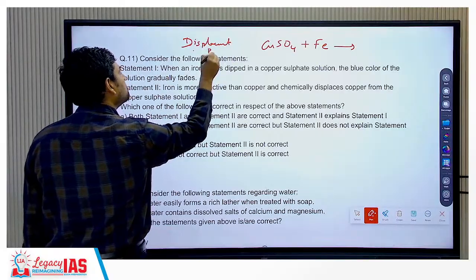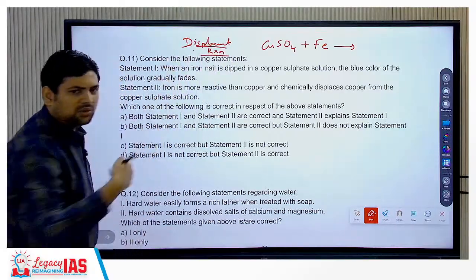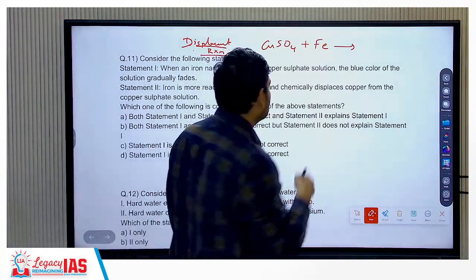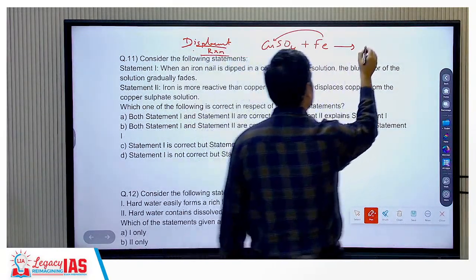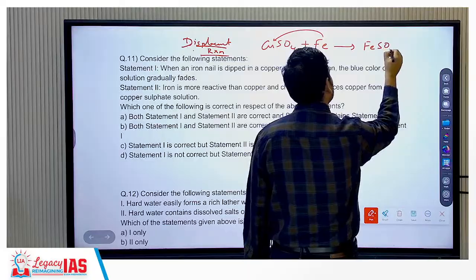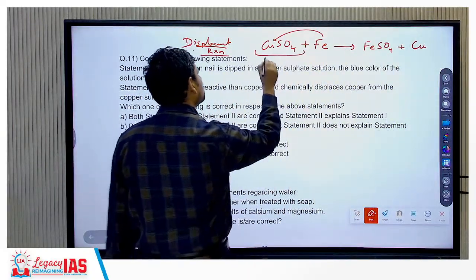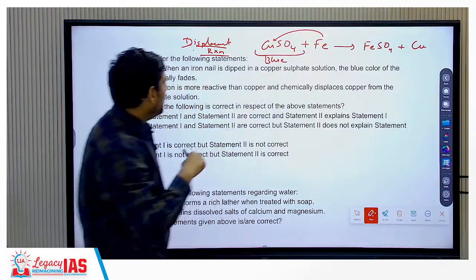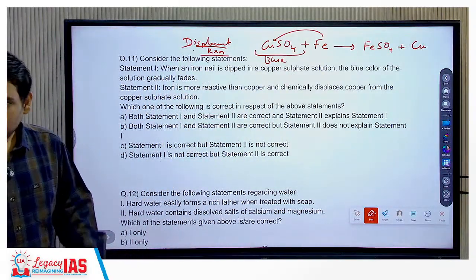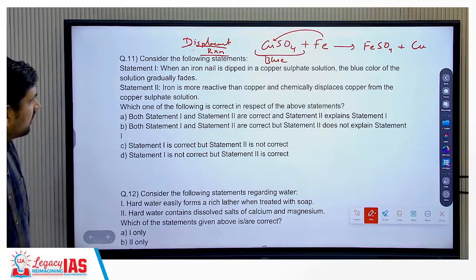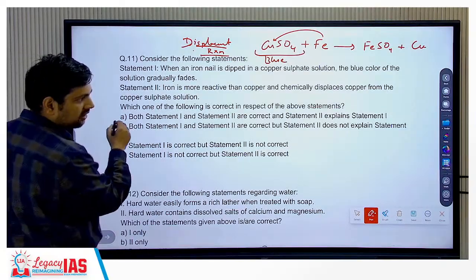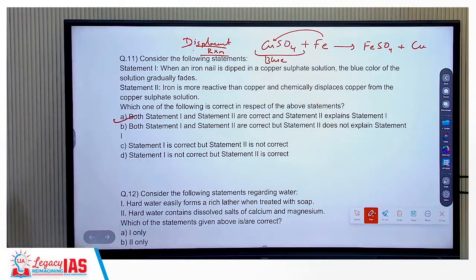In a displacement reaction, the more reactive one replaces the less reactive one. So basically Fe will replace Cu here, and it will become FeSO4 plus Cu. The original color of CuSO4 is actually blue, and that is why when an iron nail is dipped, the blue color is lost. So this is also the correct explanation. Answer becomes A.